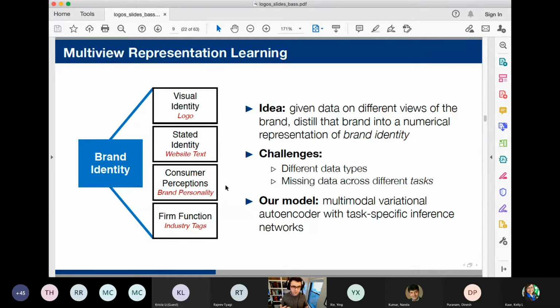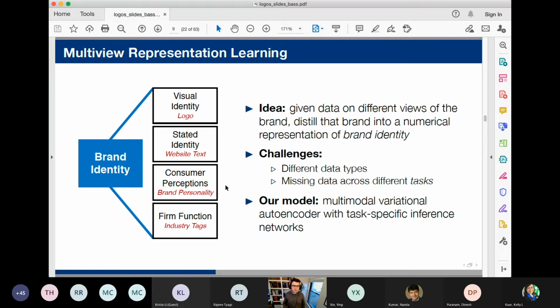They're not going to be given those consumer perceptions. And so when we think about each of these different questions I outlined at the top, we're going to be facing different patterns of missing data. And so we need a model that's going to be able to both work with these very heterogeneous data types and be able to make sense of this data even when we have different patterns of missingness.